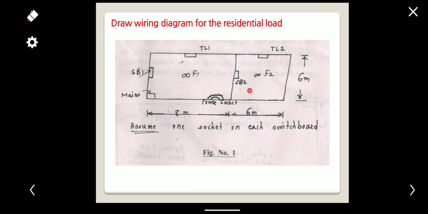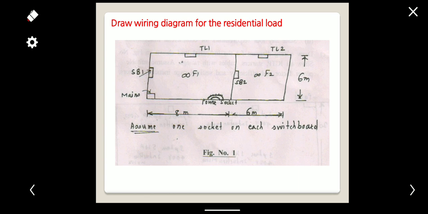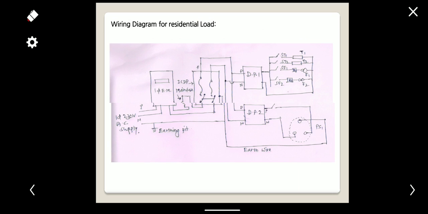Now for the power sub circuit, the second one is the power sub circuit. This is the 15 ampere socket, and this is the symbol for the 15 ampere socket. So the second sub circuit board is connected to the 15 ampere socket.